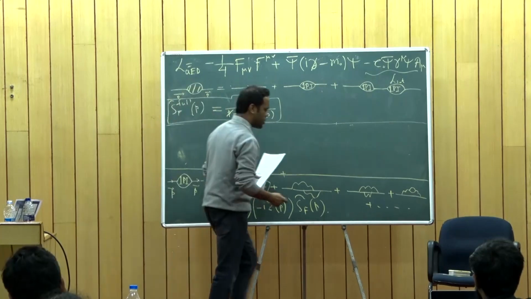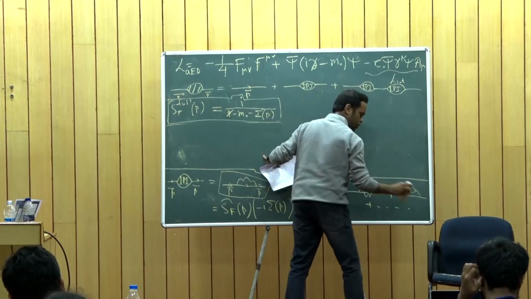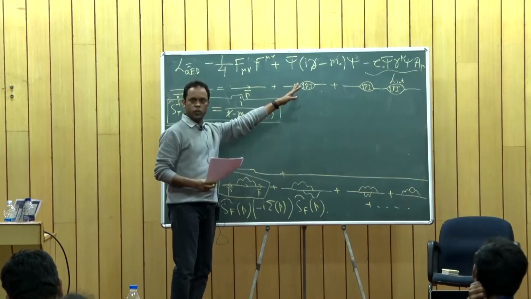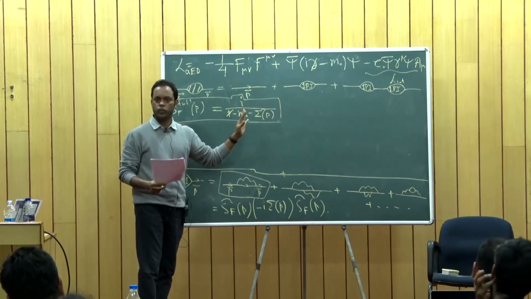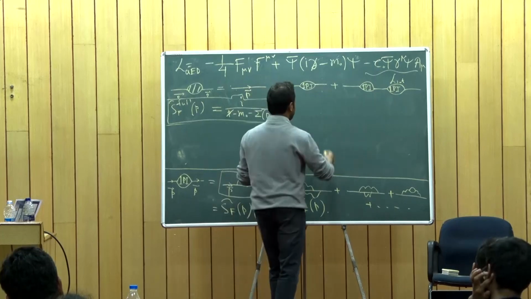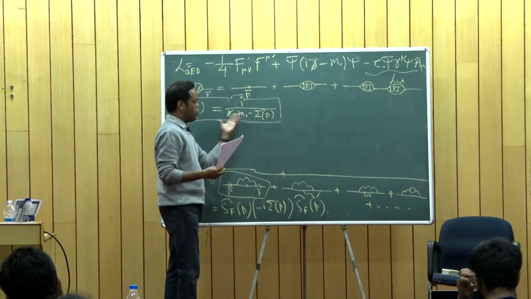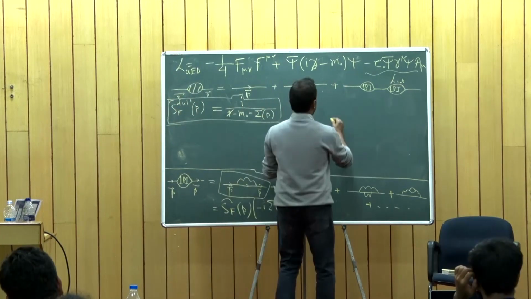The physical mass of the particle, for example for the electron, is no longer this m naught. It will be given by the location of the pole in this propagator, in this 2-point correlation function. So at p slash equal to m, this denominator vanishes, and then m will be the location of the pole.